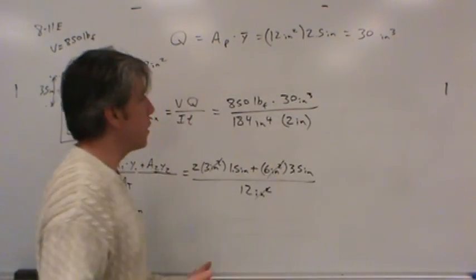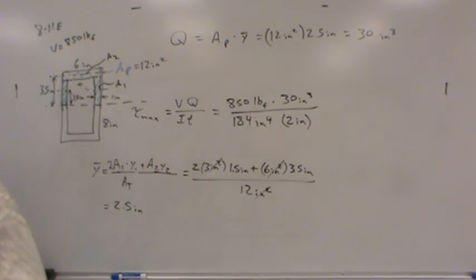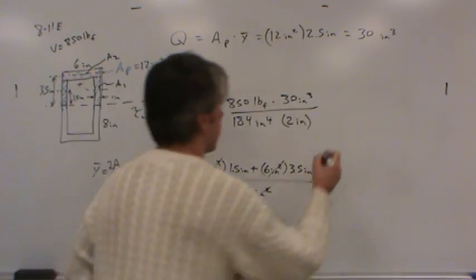Okay, so plug that into your calculator, please. Let's see what we come up with. The units will be pounds force per square inch, because we've got inches cubed in the numerator and inches to the fifth in the denominator, which just leaves us with inches squared in the denominator. 850 times 30 over 184 over 2 is how much? 69.29.